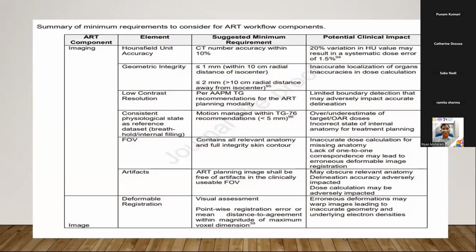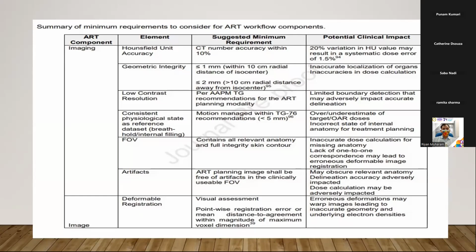If you see the summary of minimum requirements to consider for the ART workflow, basically two components are there. One is the imaging component, second is the image processing component. In the imaging component, HU accuracy should be there. Each element contributes towards potential changes in the dose to the target and or the OARs.